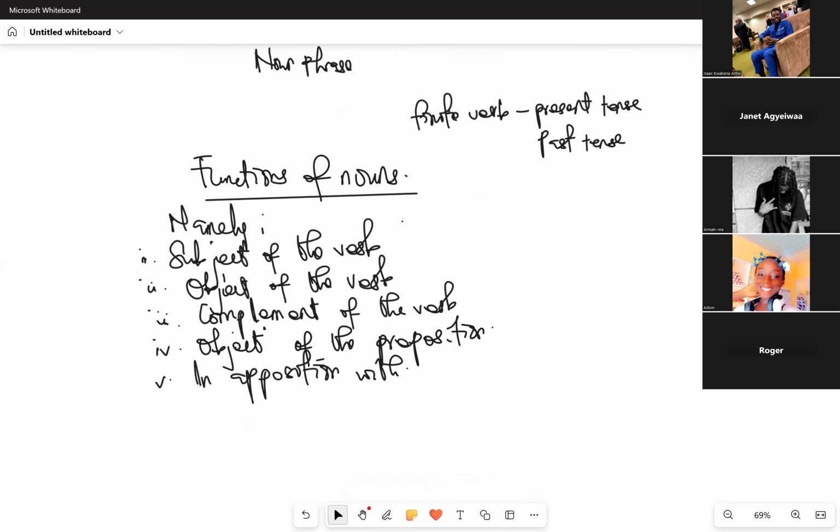Okay, so these are the functions of the noun. So just write it the way it is.